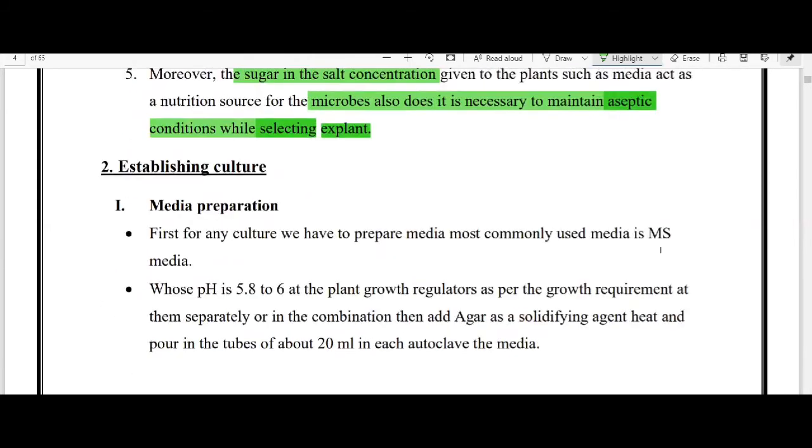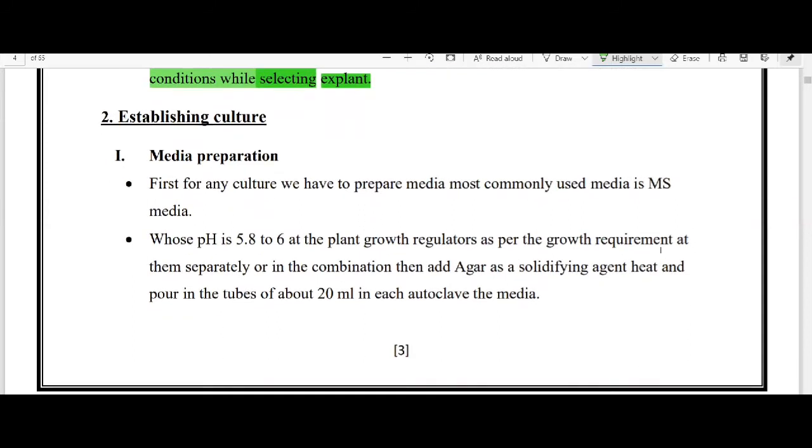Now after the selection, we will have to establish the culture. For establishing the culture, we first have to prepare a media, which means any liquid or semi-solid medium which acts as a growth inducer for the plants, because in plant tissue culture we don't grow the plants in soil medium, so this is soilless.